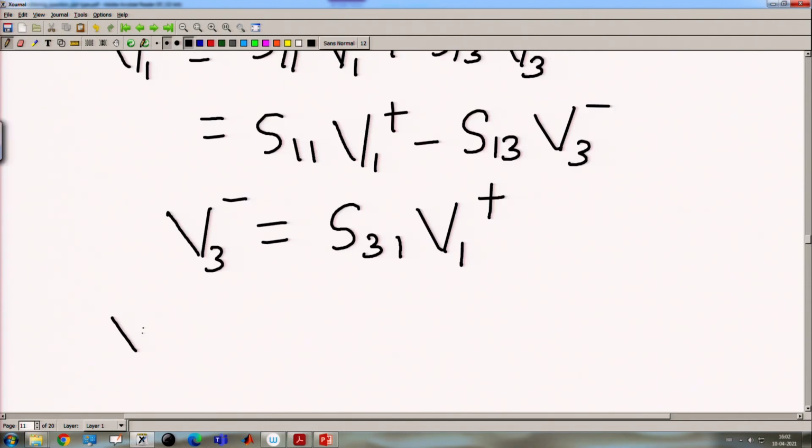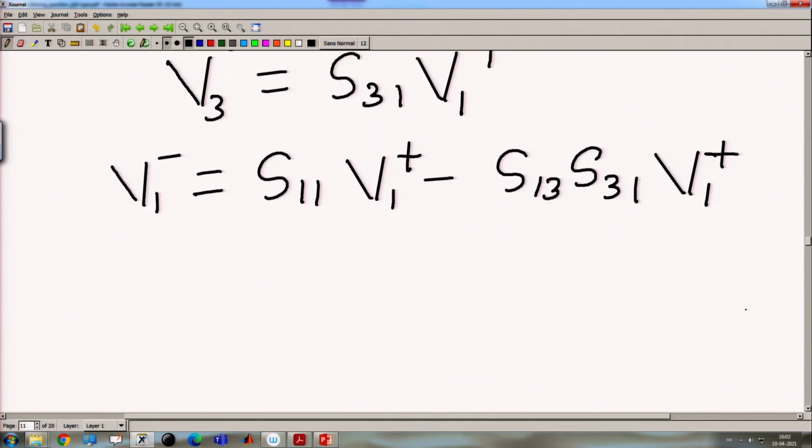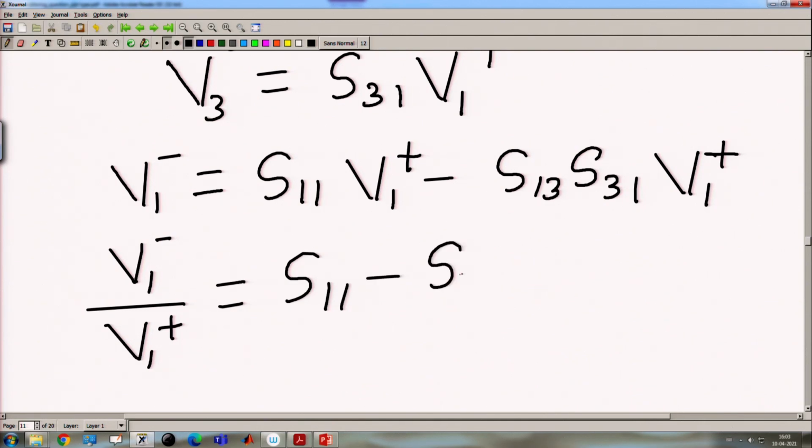So, we can substitute this V3 minus here, and we get V1 minus equals S11 V1 plus minus S13 S31 V1 plus. We can take V1 plus common, and V1 minus divided by V1 plus equals S11 minus S13 S31.